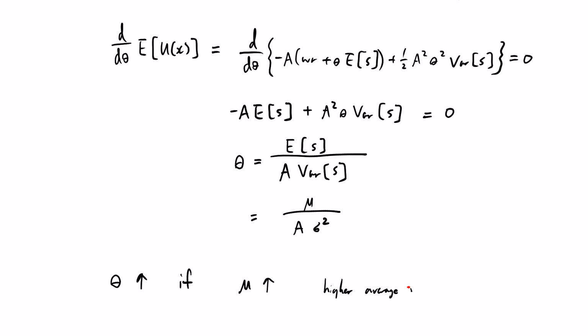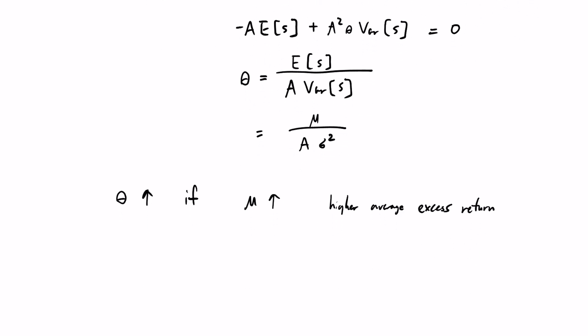If A goes down, that represents less risk averse. And if sigma goes down, that means less risk. So the formula makes a lot of sense.